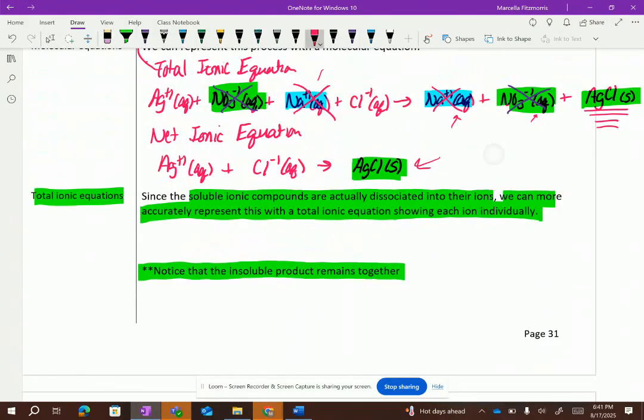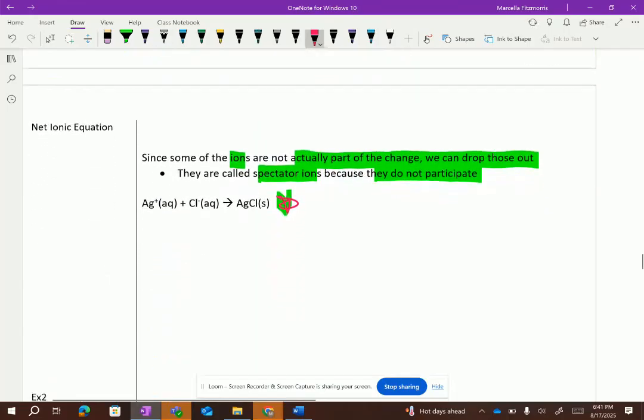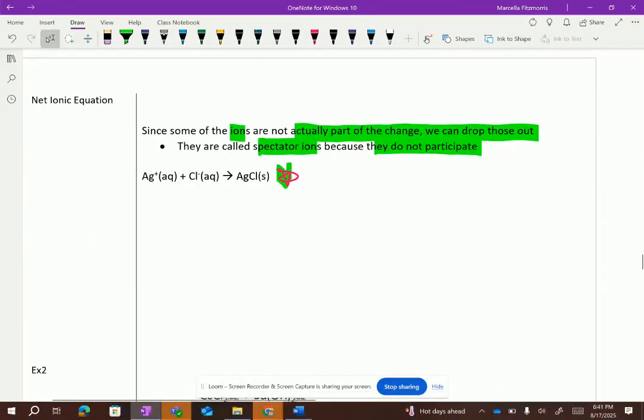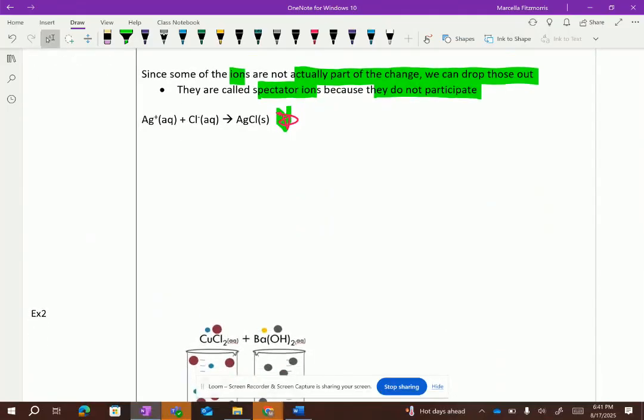I dropped out the Na as a spectator and the NO3 as a spectator because it didn't change. It wasn't really a part of what changed in that reaction. Okay, so we just drop them out of this net ionic equation. So the net ionic equation is useful to seeing what really happened in the reaction outside of just everything that's floating around in the cup.